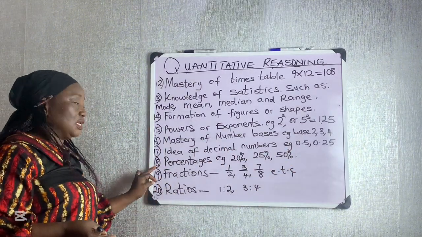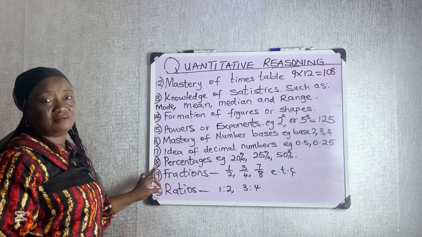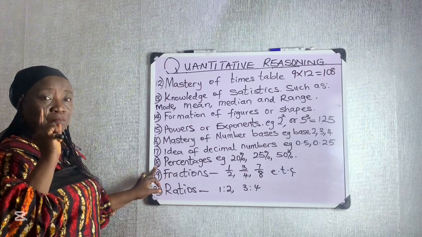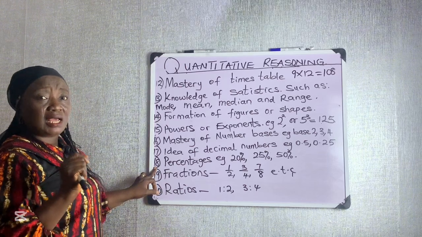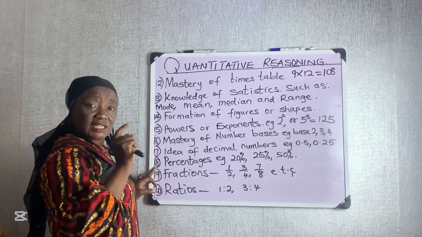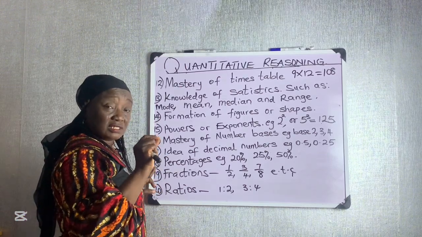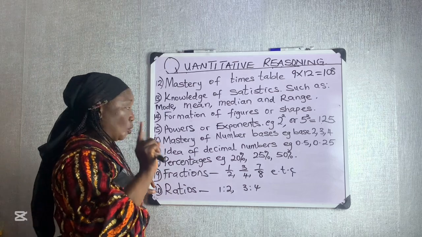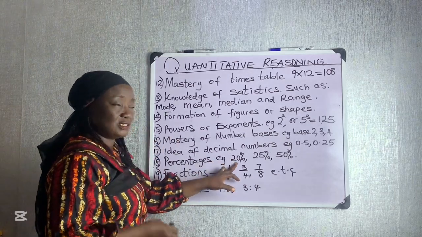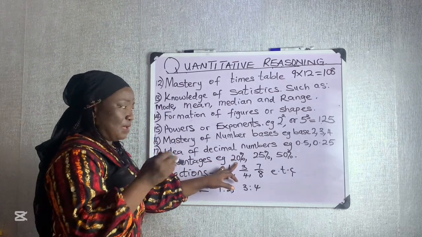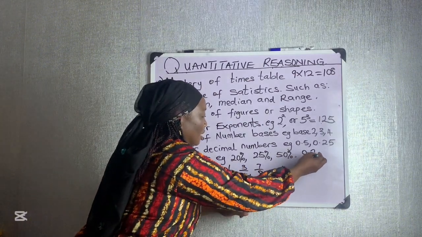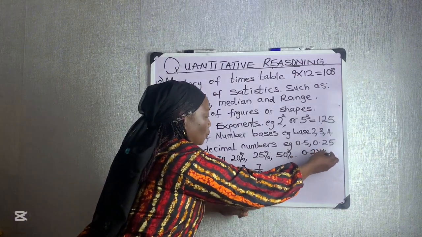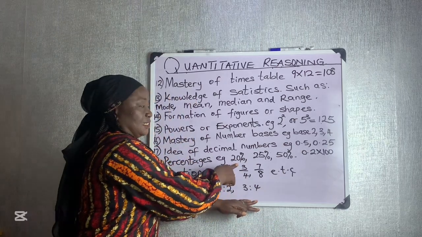Another thing you need to learn is percentages. Very, very important in both quantitative reasoning and mathematics. A percentage is a special fraction with its denominator always 100. For instance, 20%. It might be given from decimal to percentage.